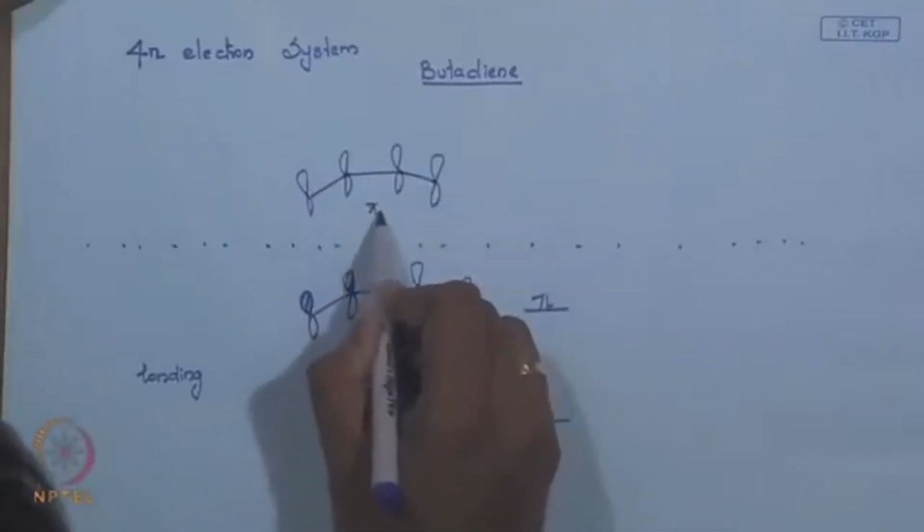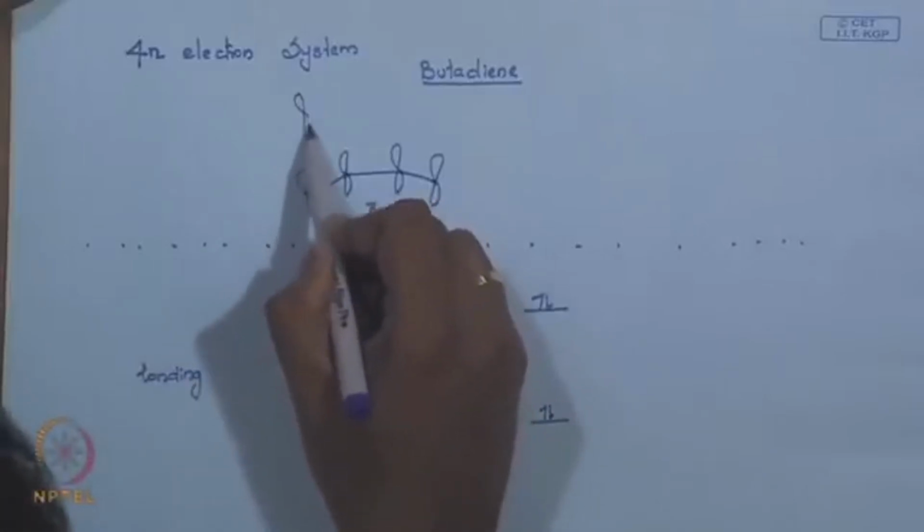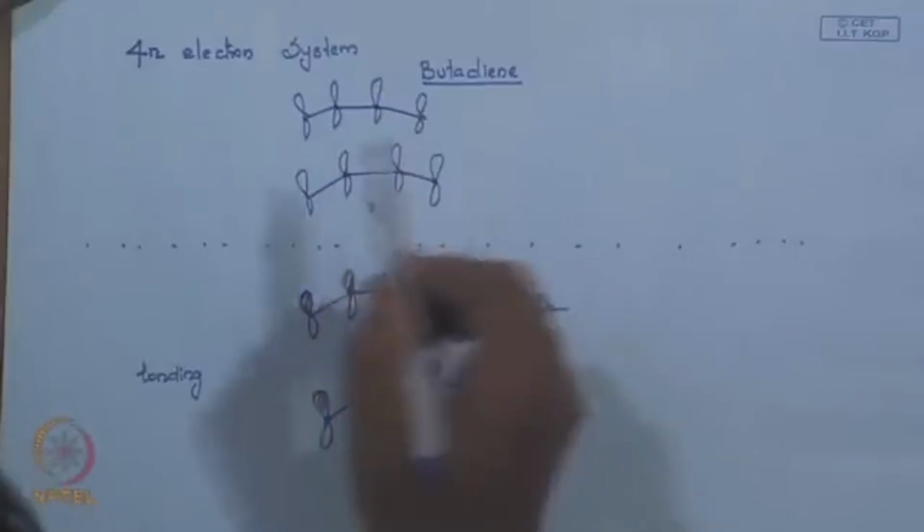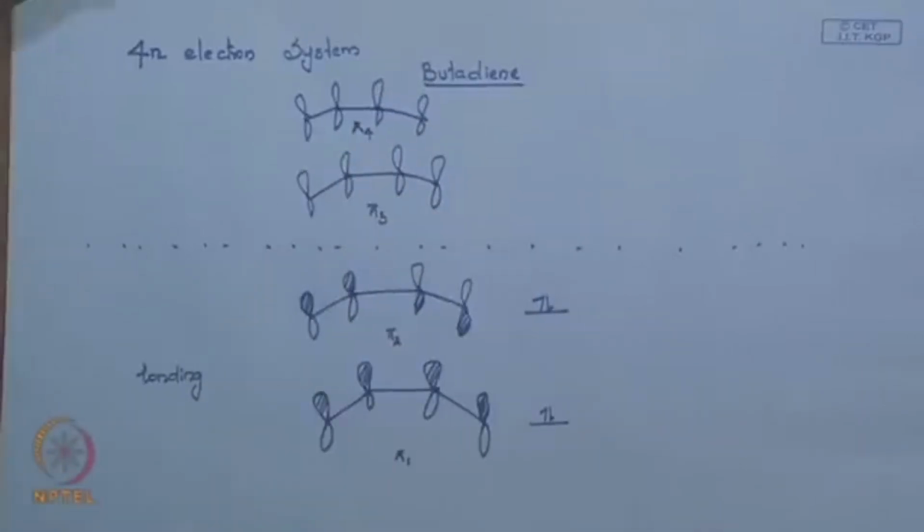I can call this as pi 3. Then I have my pi 4, right.